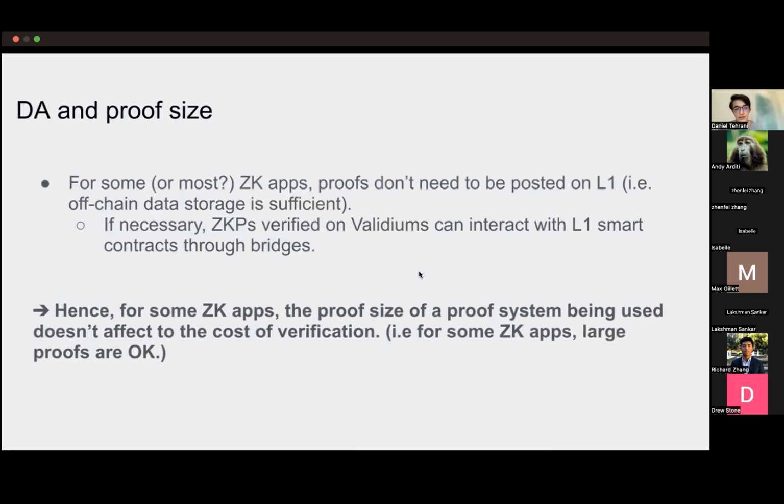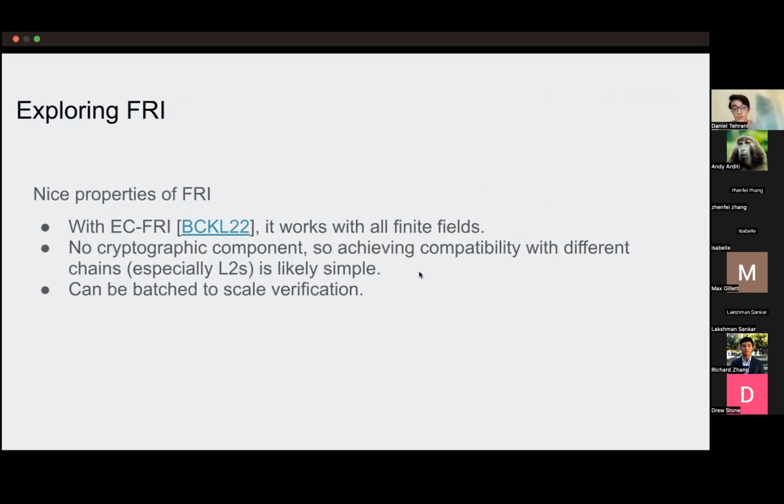With that in mind, when we see what FRI provides, the nice property is that with ECFRI, it works with all finite fields. So you'll be able to do field arithmetic with any cryptographic keys, secp256k1 or P256 or anything. And also there's no cryptographic component. So achieving compatibility with various chains, especially L2s, is likely simple because you only need to do hashing: on L1 it'll be Keccak, and in L2s it might be Poseidon or some ZK-friendly hash function.